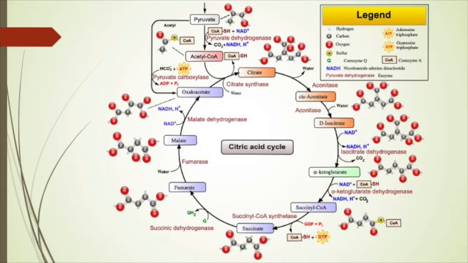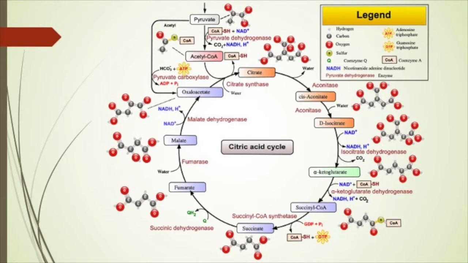And then that gives 2 CO2s, 3 NADHs, 1 FADH2 plus 1 ATP per round, plus 3 hydrogen ions plus 1 CoA, and that comes back up to the top to give back the acetyl-CoA. So this is the whole cycle coming around from pyruvate giving the acetyl-CoA coming into the citric acid cycle.